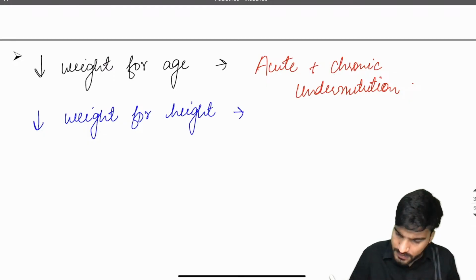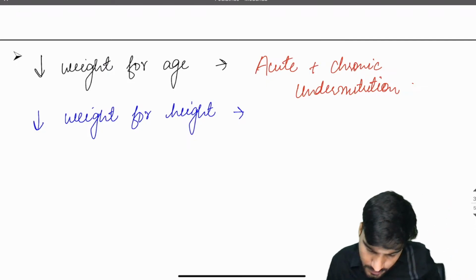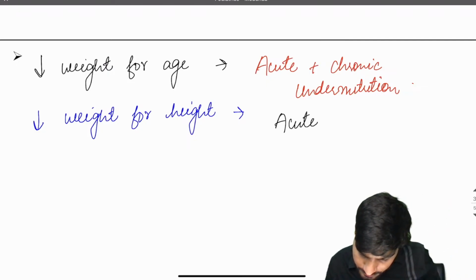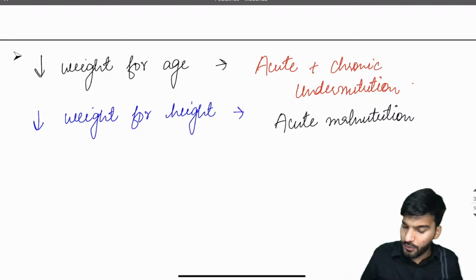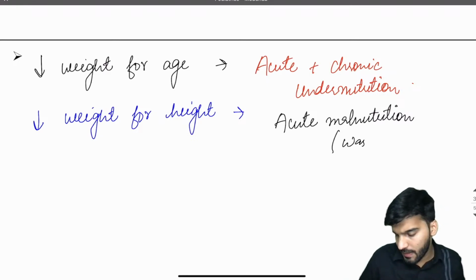If there is decreased weight for height, that is acute malnutrition, also called wasting.